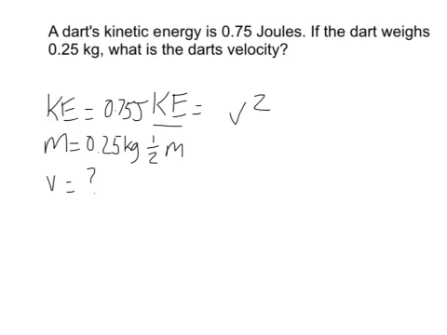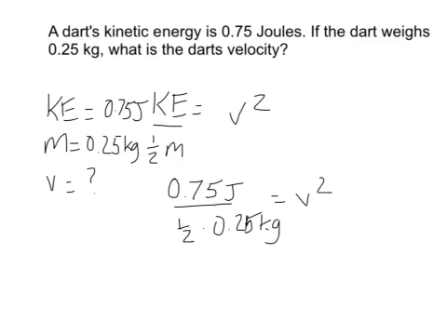So, we have 0.75 joules divided by 1/2 times 0.25 kilograms equals velocity squared. And 0.25 times 1/2 is 0.125 kilograms. So we already know that joules divided by kilograms is meters squared per second squared.